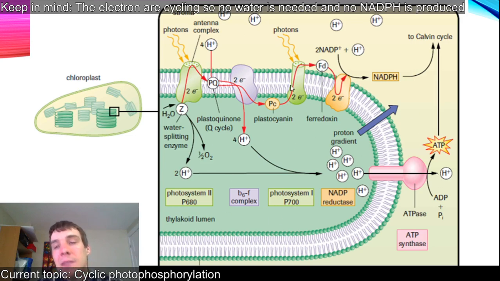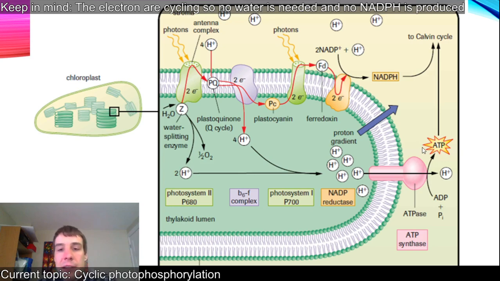And because it's a cycle, just like it says up here, you don't need water because you don't need new electrons. You've got old electrons going through the cycle. And you're not making NADPH. You're not helping the Calvin cycle make sugars, but you are making a bunch of ATP, which is great for the plant anyway.